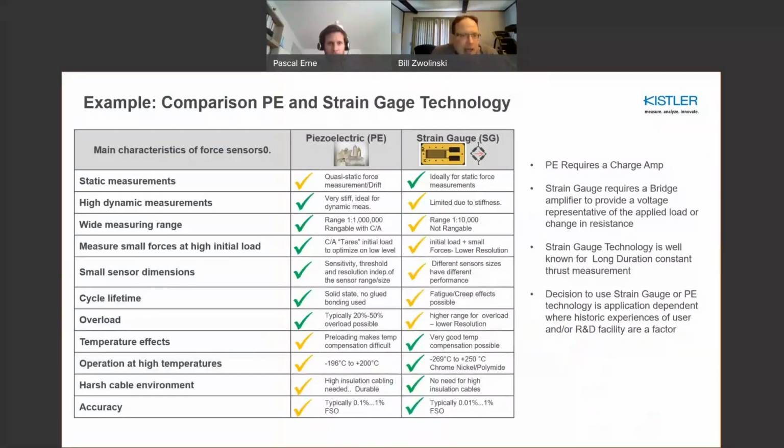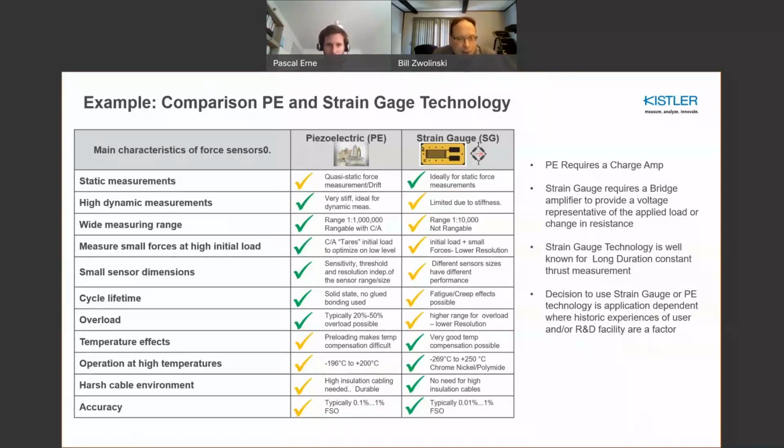I'm often asked, hey, how do you compare PE versus strain gauge? And I'll tell you, there's a multitude of ways to do it. I took a shot at it here just to give an idea of what are the pros and cons. But by all means, it's always application dependent. And like I always say, call your favorite application engineer, because a lot of times the devil is in the detail.